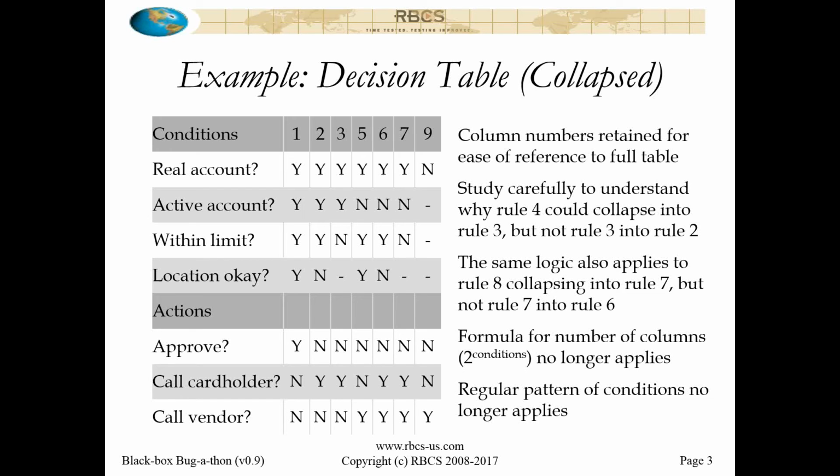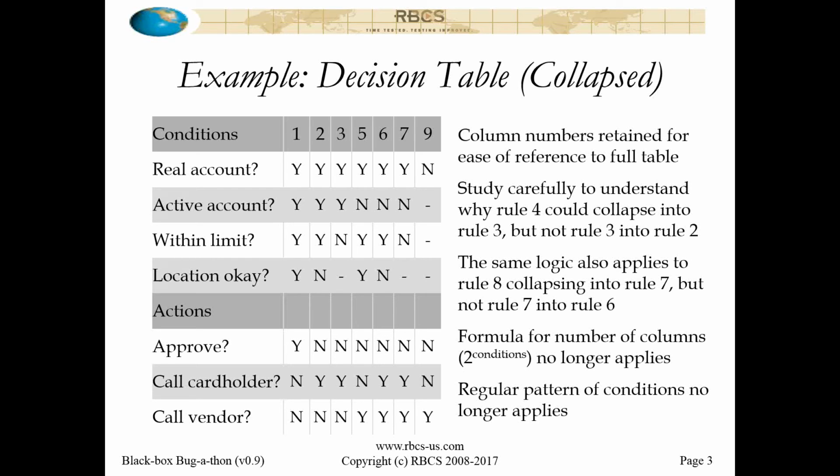Now, something to note, of course, is that the formula that applied for the number of columns in the full decision table, which was 2 to the number of conditions power, 2 to the 4th, or 16, doesn't apply when you collapse them, because they're collapsed based on the actions, which are, of course, business logic.